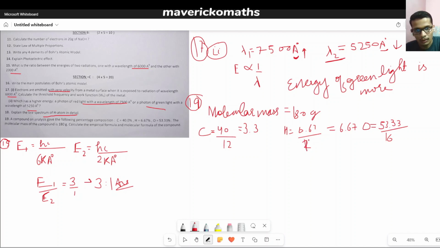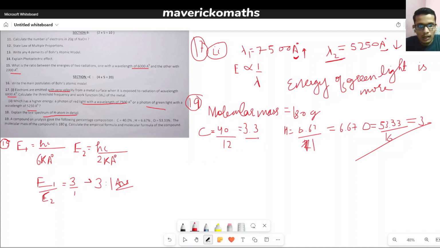No, no, no, here it will be 1 only. 1 is correct here. Now when we divide this, 16 threes are 48 and 16 fours are 64. Let it be something, it doesn't matter, because in the next step we have to round it off and make it simpler whole number ratios.